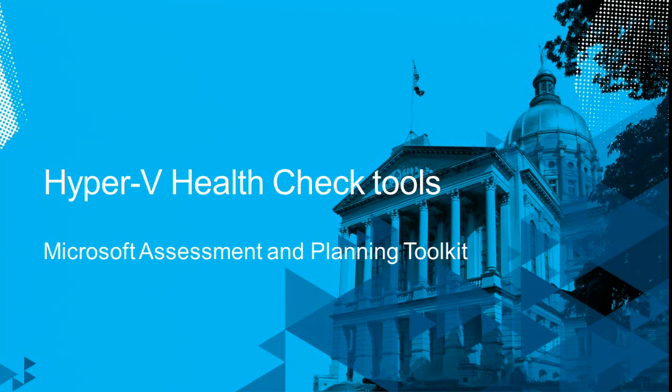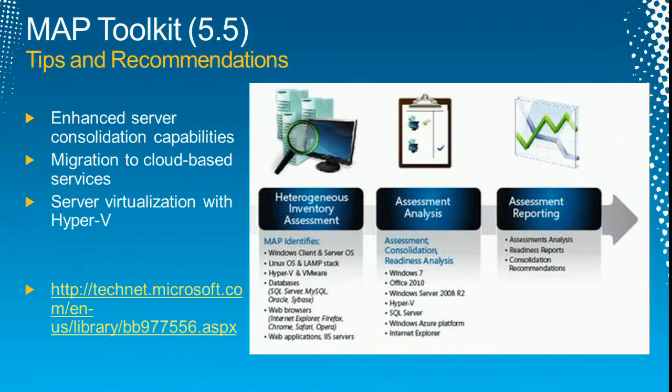MAP. Yes, MAP. How many of you are using Microsoft assessment toolkits to analyze your environments, to troubleshoot, to help resolve? So obviously, the MAP toolkit, we're currently at version 5.5. It's an assessment toolkit. It deals with things like inventorying your network, assessing and analyzing your network, looks at all your systems. It also does reporting.